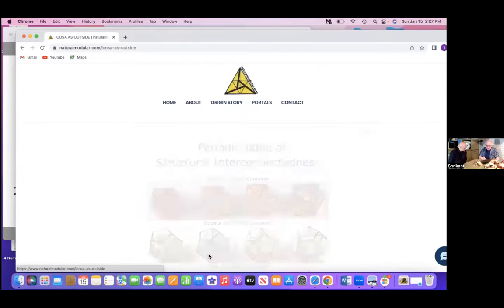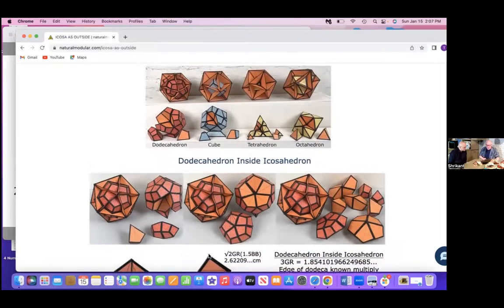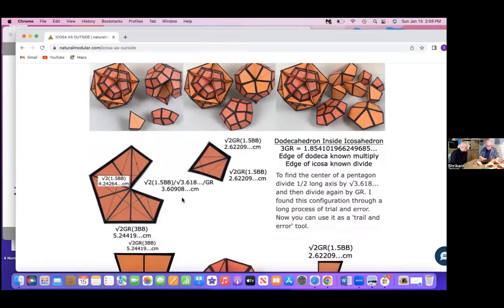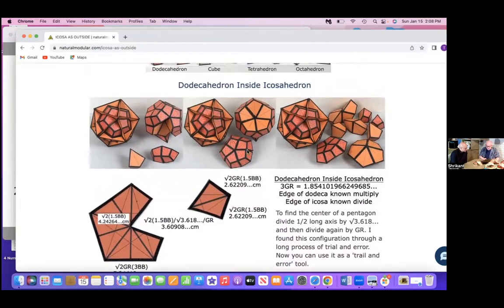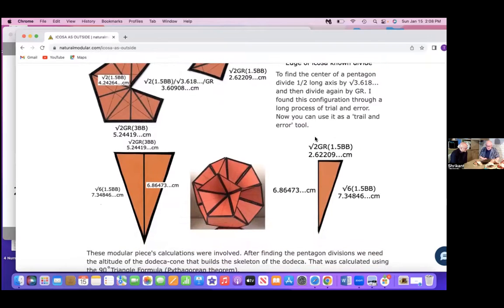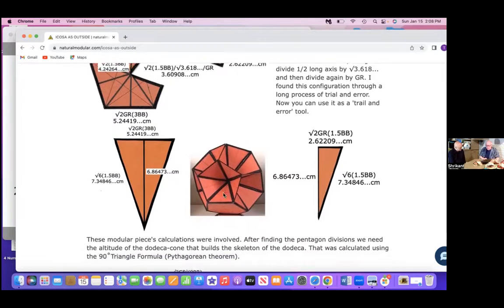So let's look at the icosa. So here's the dodeca inside the icosahedron. And here, once again, what we had learned is we need that for these modular pieces. And it's just these beautiful, so in everything that I do, what are the dimensions of each one of the shapes, how they look.